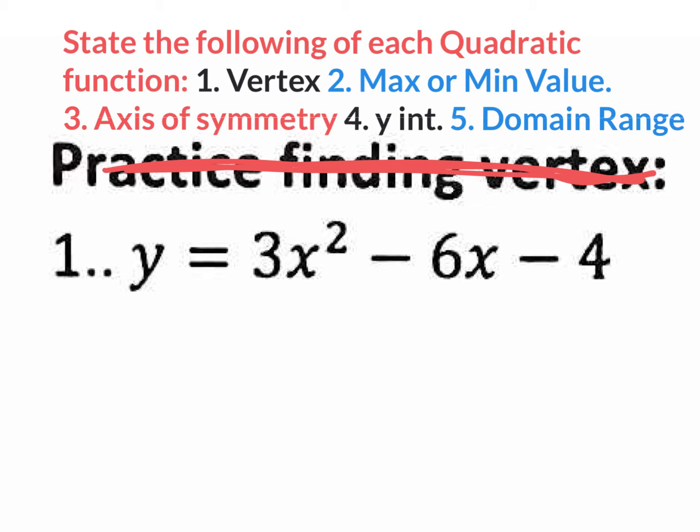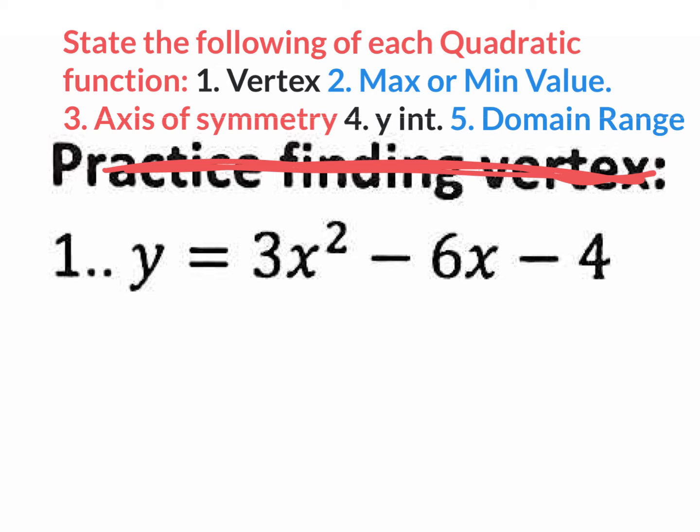Also state the axis of symmetry, the y-intercept, and the domain and range. All these different things of a parabola that you have not even seen, just by looking at the standard form quadratic trinomial equation.